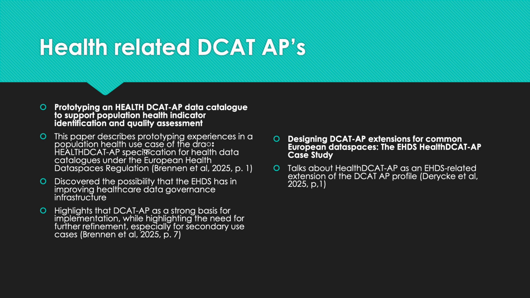This paper describes prototyping experiences in a population health use case of draft HealthDCAT-AP, a specification for health data catalogs under the European Health Data Space regulation, or in this case, EHDS, and discovered the possibility that the EHDS has in improving healthcare data governance. It highlights that DCAT-AP was a strong basis for implementation while highlighting the need for further refinement, especially for secondary use cases. And this was all from Brennan, that was the author.